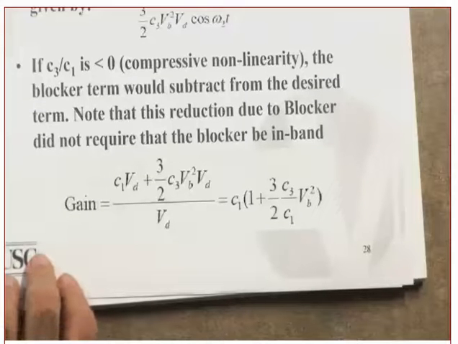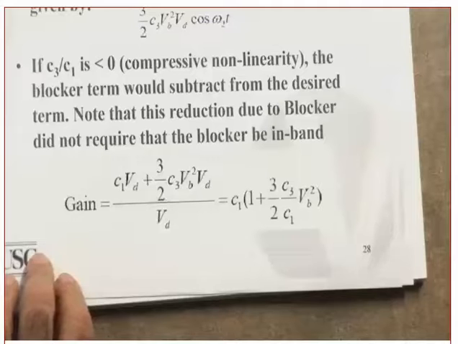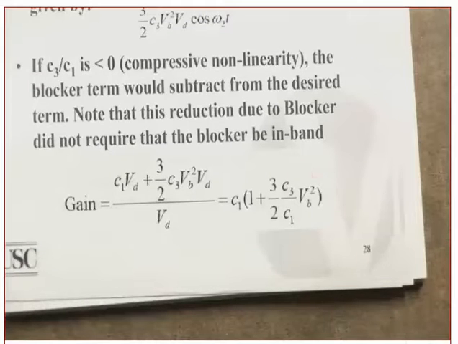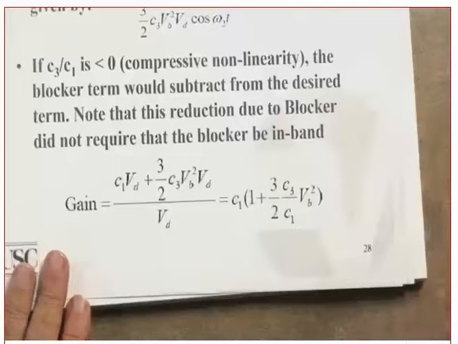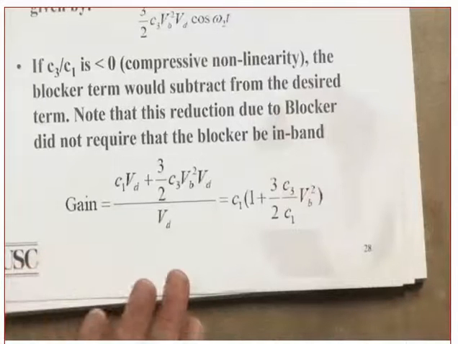I just told you, if it is in band, you can only deal with it when you go to the band selection filter, or the image rejection. Remember the image rejection? You use it as a narrow band so that the interference which happens to be close by gets attenuated.